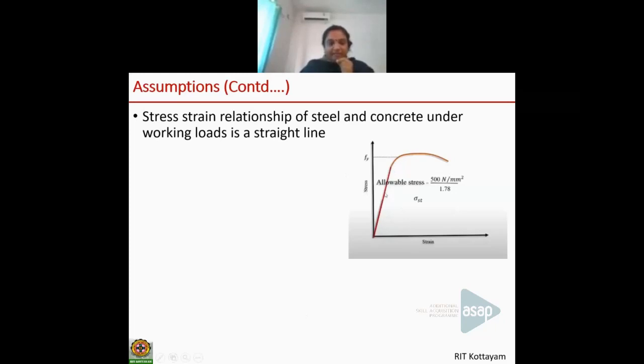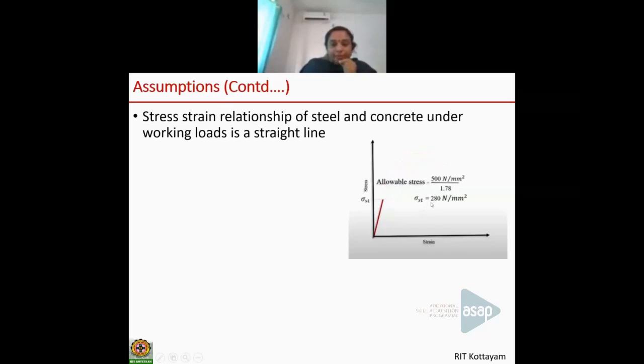And if it is mild steel, you could get a shape like this. So this implies the Fy value, which we consider as the material capacity in the limit state method of design. Whereas here, what we assume as the allowable stress is the yield stress divided by a factor of safety.